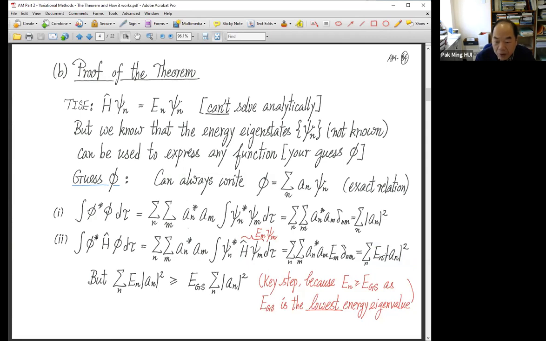So if I replace every term En here by the lowest one, the ground state energy, this substitution must give me a smaller thing. So this inequality comes in. This is the key step. If you follow this step, the theorem comes out immediately. Do you understand this step?